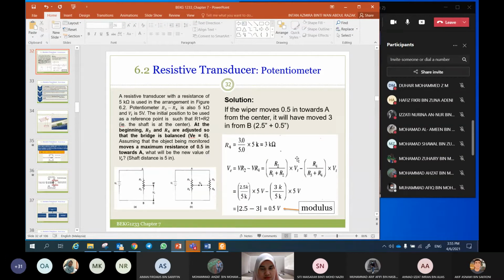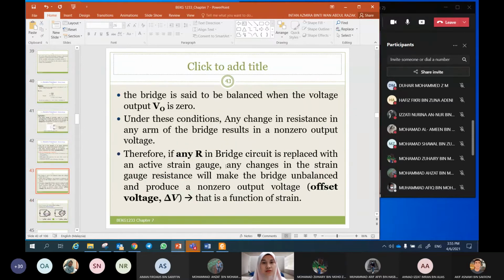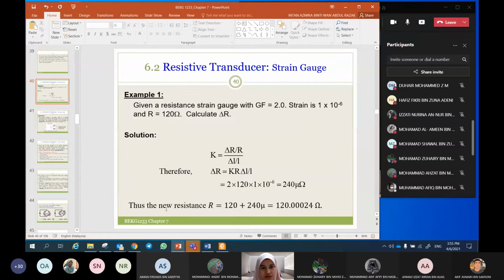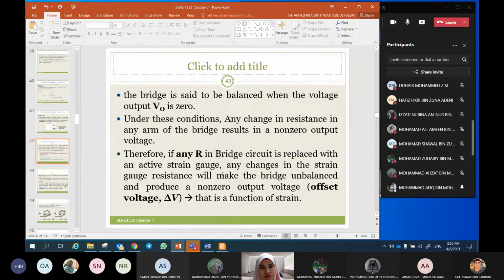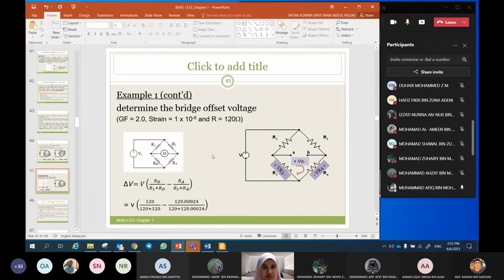Voltage divider. Yes, voltage divider. So after we calculate the change in R, we can further calculate V out, or the voltage at the terminal, because of the unbalanced condition, because of the stress that we apply.